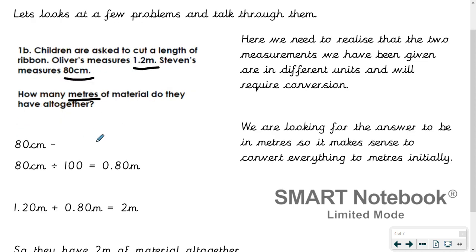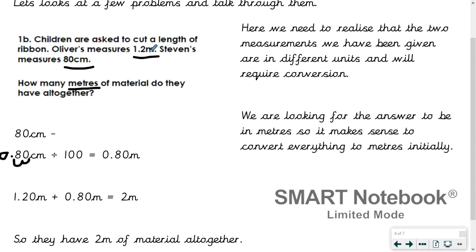So to convert from centimetres to metres, there are 100 centimetres per metre, so we divide by the 100. Now we're going to pop the imaginary decimal point, 1, 2 jumps, decimal point would go there, we need the placeholding 0, so it would be 0.80 metres, and then we've already got 1.2 metres, but what we must realise is 1.2, to make it easier to add, we need to put 1.20, and then we can add the 0.80 we had, giving us 0, 10, 1, add the 1 at the bottom.